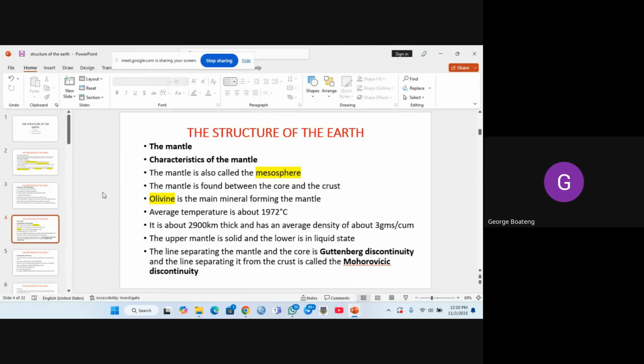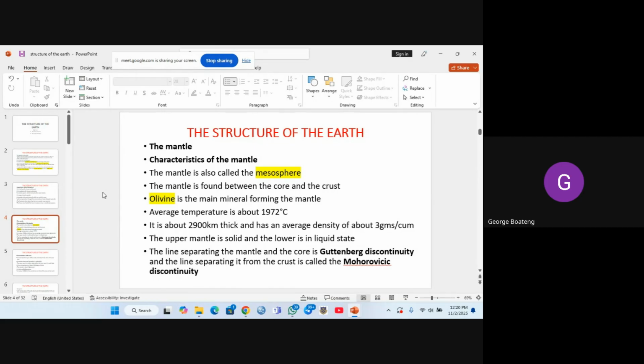The temperature that we have within the mantle is above 1900 degrees Celsius. But its thickness is around 2009 kilometers, and the density is 3 grams.